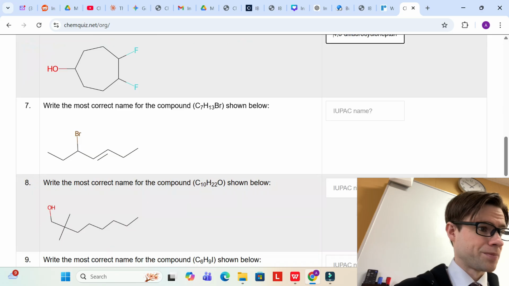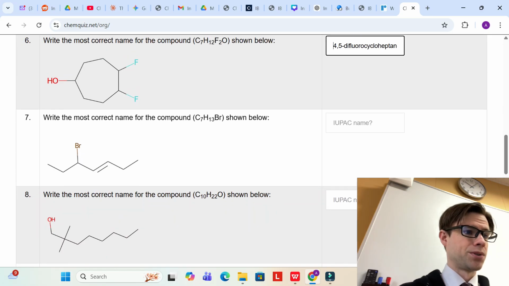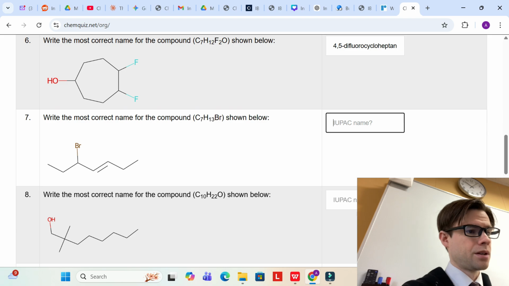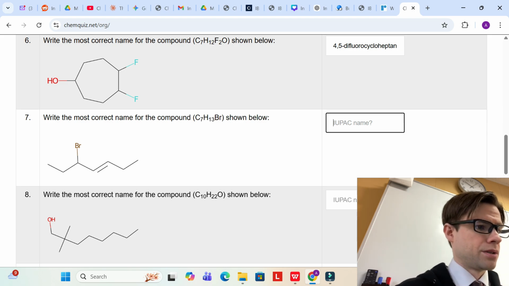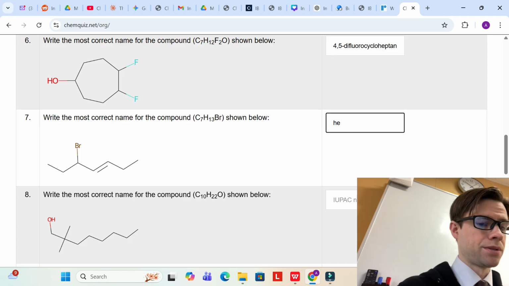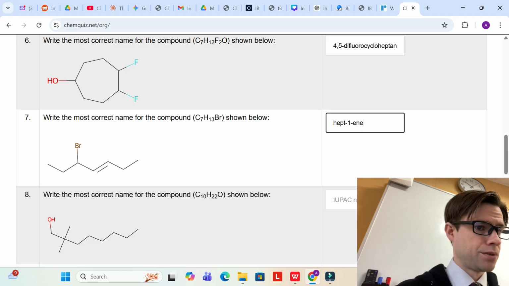Should be okay. Number 7, write the most correct name for the compound below. Okay, we've got an alkene, that will be the highest priority group here. Counting from the right side then, 1, 2, 3. And this is 7 carbons, so hept-1-ene. 1, 2, 3.